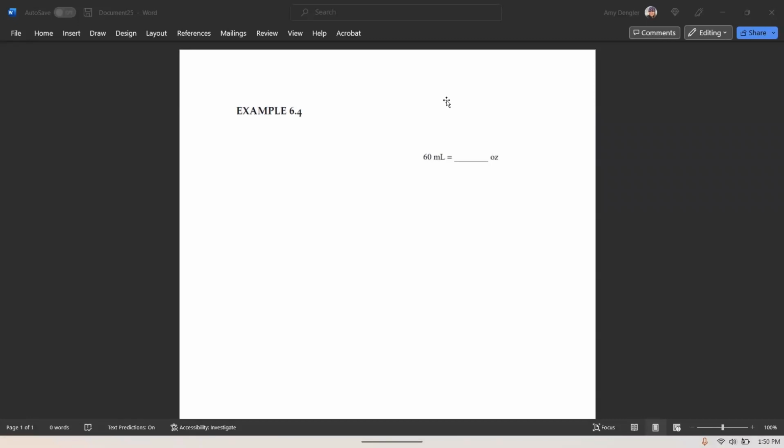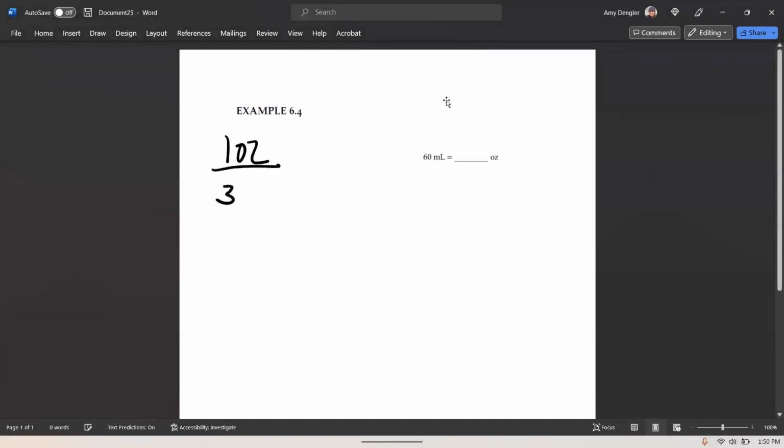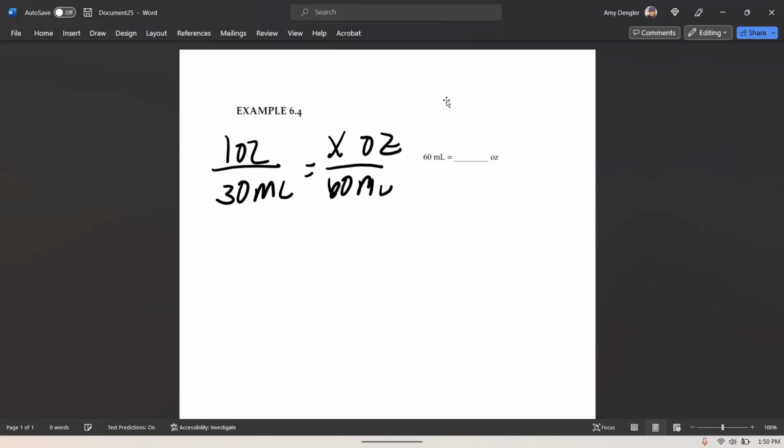Example 6.4, we're going to use the conversion factor of 1 ounce is equal to 30 milliliters. We have 60 milliliters. How many ounces is that? Hopefully you can look at that eventually and see that it is an obvious answer. If 30 ml is 1 ounce, then 60 ml, which is exactly double, is going to give an answer that is exactly double.